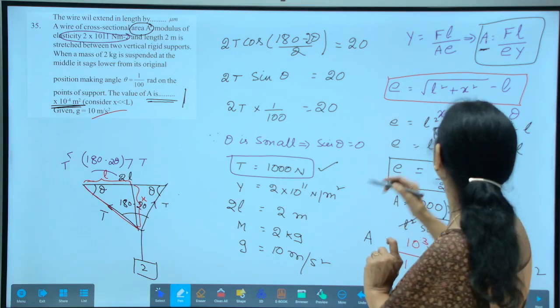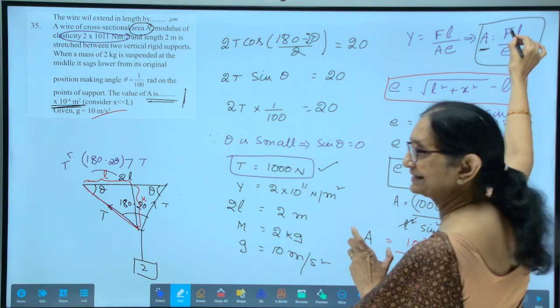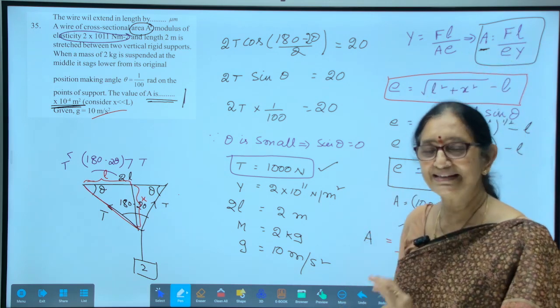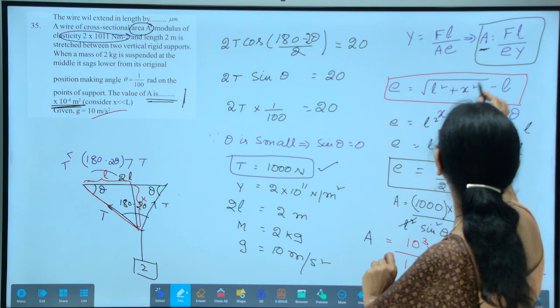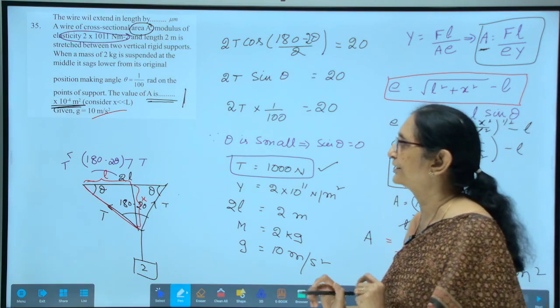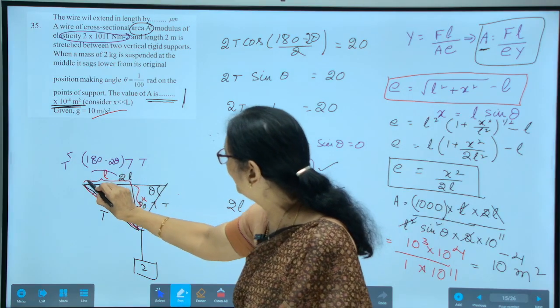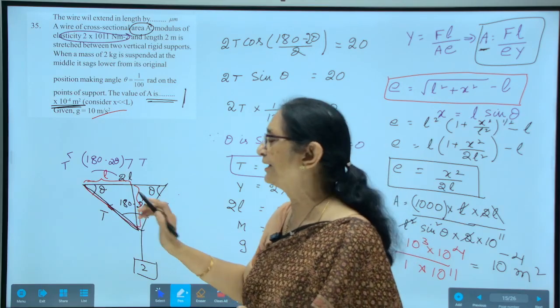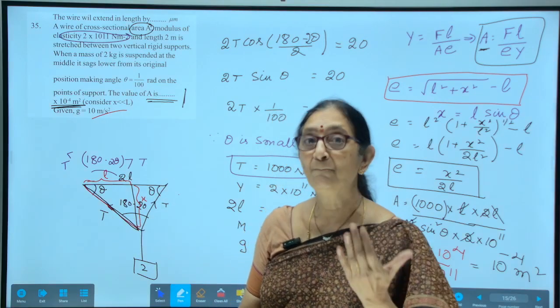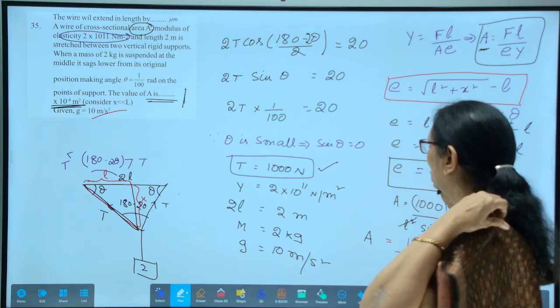Our concentration must be, F is given straight away, Y is given straight away, you have to concentrate on E, the extension produced. Extension produced in each portion is this length minus this length, that is root of L square plus x square minus L. So, you got that extension.